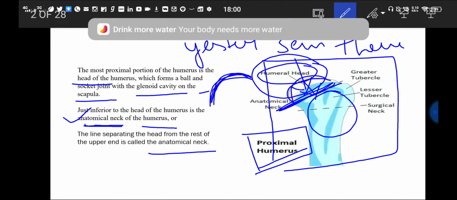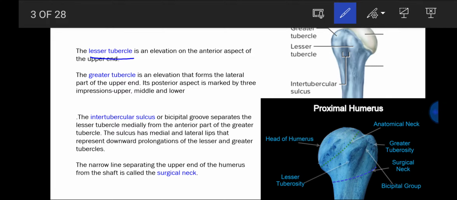Next part is the lesser tubercle. It is an elevation on the anterior aspect of the upper end, which you can see anteriorly. And the second one is the greater tubercle, an elevation that forms the lateral part.